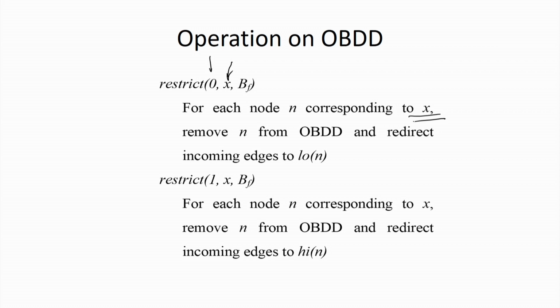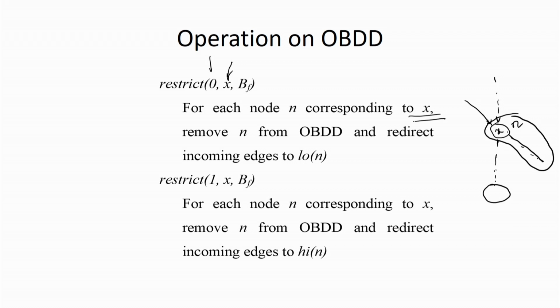If this x is the node n, x may have edges either 0 or 1, and several edges may come to this particular point. Since we are restricting, we remove this node and redirect to low of n.